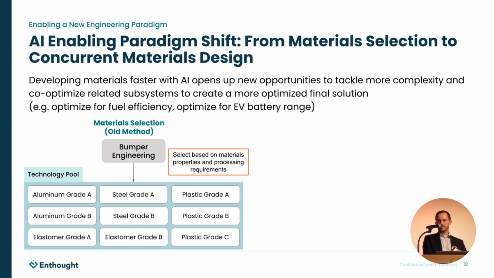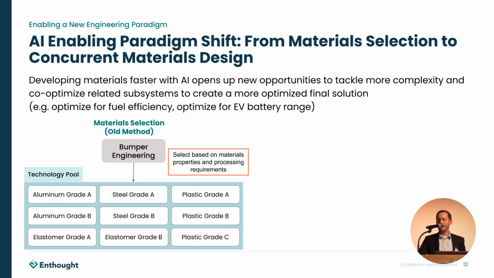And so they're looking for specific materials properties that will help them design their part. To them, again, because the design cycle is so slow, there are very few degrees of freedom when it comes to materials used inside of their design. For example, a car bumper, the design team is only selecting from a few metallic alloys, plastics, and grades within those. And these options typically don't change a lot from year to year.